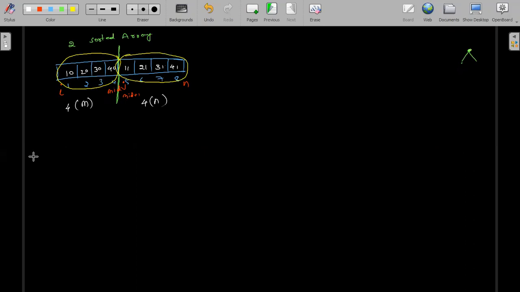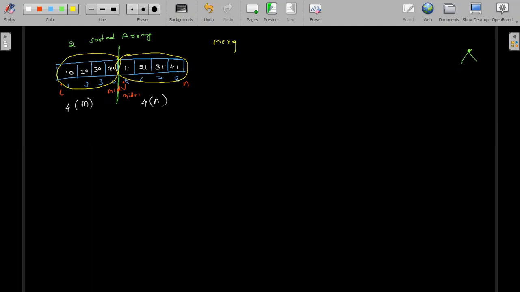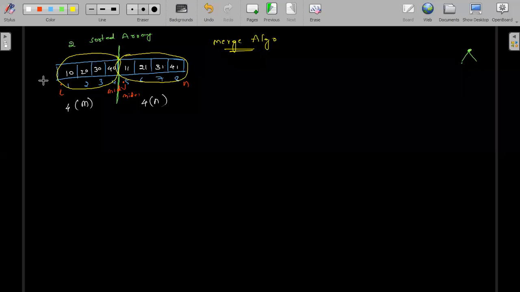Sir, we understood very clearly. Why am I talking about all these things? Because I wanted to show how the merge algorithm works. Now please see the procedure. Everybody observe the procedure. It's very simple and easy.